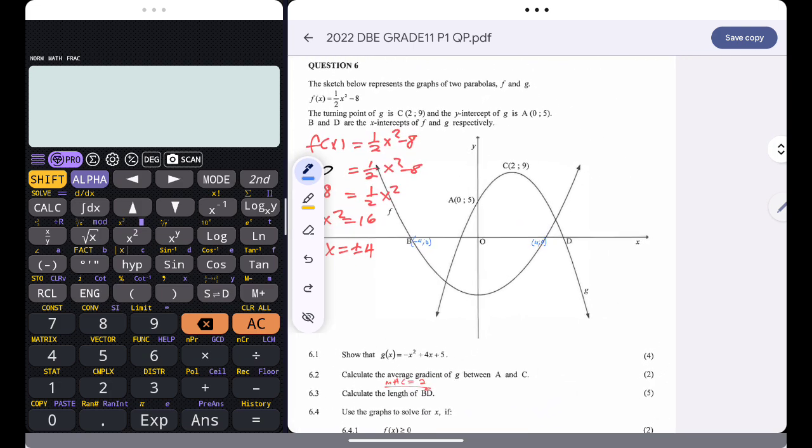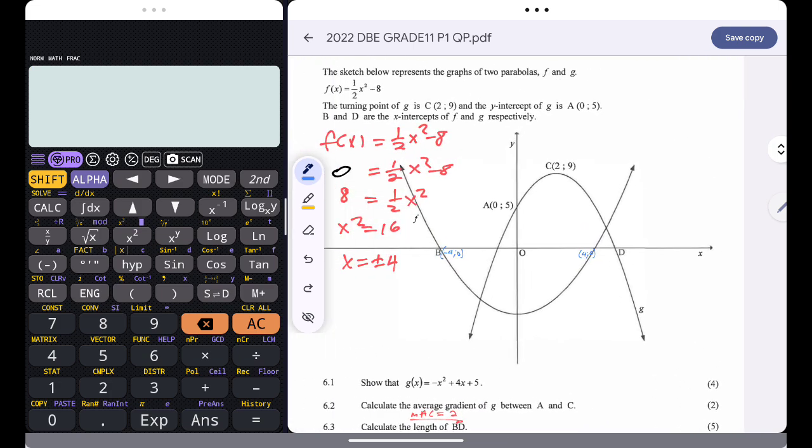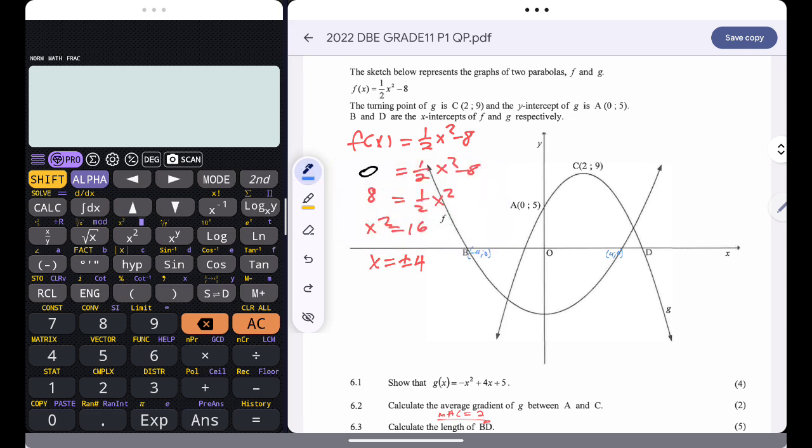And now I must find the x-intercept for the graph of g. Remember that g of x is equal to negative x squared plus 4x plus 5. For me to find the values of the x-intercept, I don't care what kind of curve I'm dealing with.